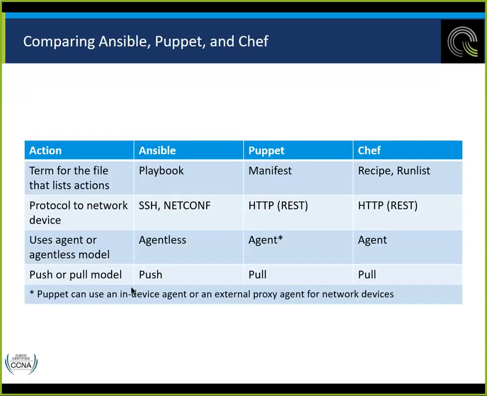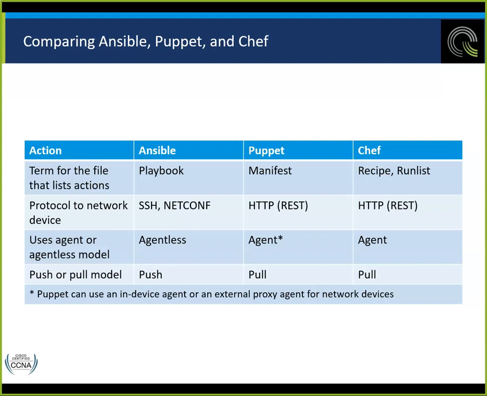The summary slide for this one: the term for the file and what they are. Ansible is a playbook, Puppet's a manifest, Chef is a recipe. The protocol: SSH, NETCONF, HTTP for REST for both Puppet and Chef.